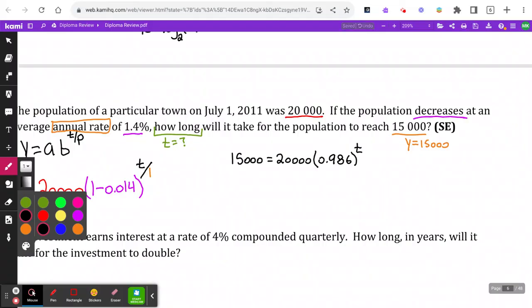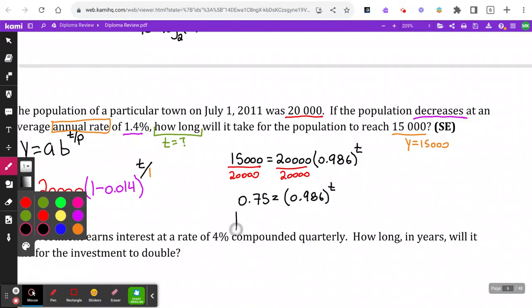I have to switch that into a log because I'm solving for an exponent, so I divide the 20,000 to the other side. That gives you 0.75 equals 0.986 to the power of t.